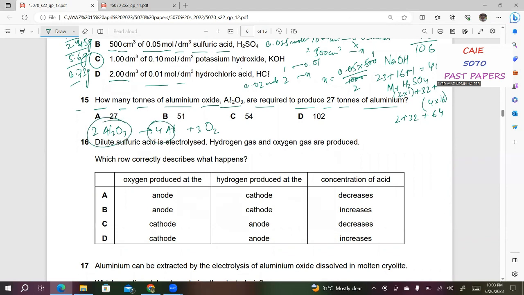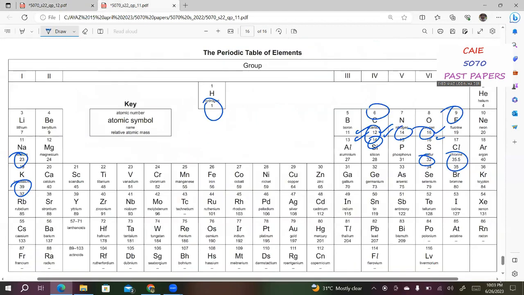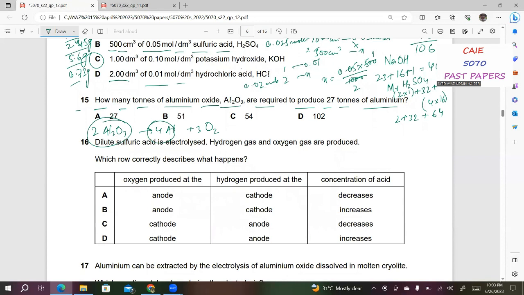The MR of aluminium is 27. So we have 4 multiplied by 27, which is 108. So 108 grams or 108 tons.